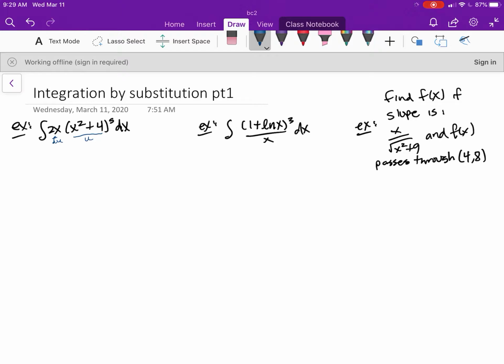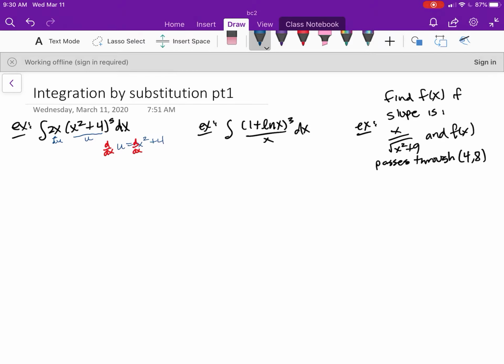Do you see some function in there and its derivative? Now, I do this off to the side because it can get ugly, just like product rule and quotient rule can. Okay, so we make u x squared plus 4. And then what we are doing is the derivative of this with respect to x. Typically, I don't write what I have here in red. In the next examples, when I don't write that, you'll see why.